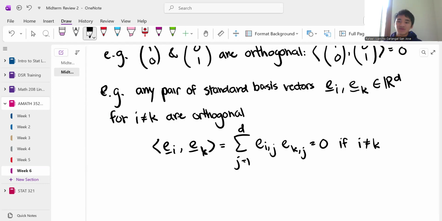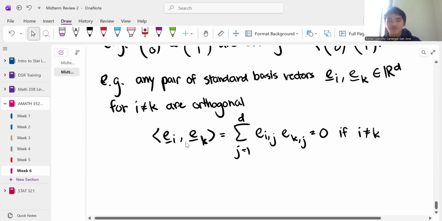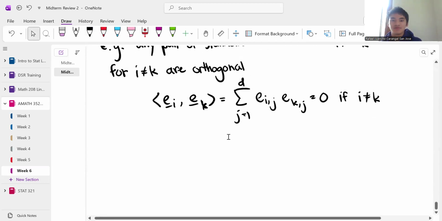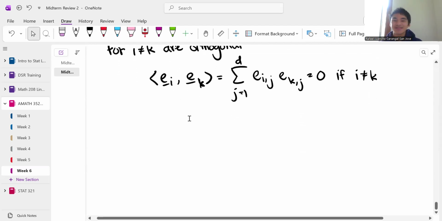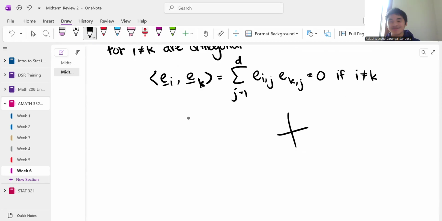So if they're the same vector, that would be their magnitude. That wouldn't tell us anything about orthogonality. It would actually be 0, their angle, if it's the same vector. That's the intuition, right? I mean, if you're given a vector 1, 0, and you're given another vector 1, 0, what's the angle? 0.